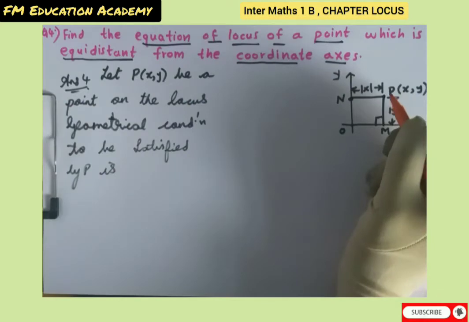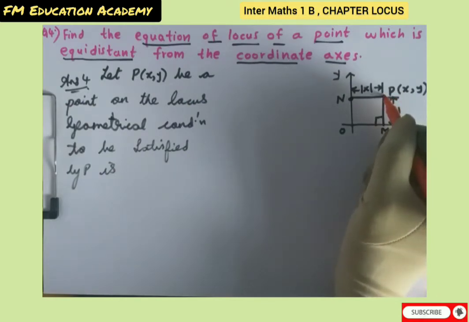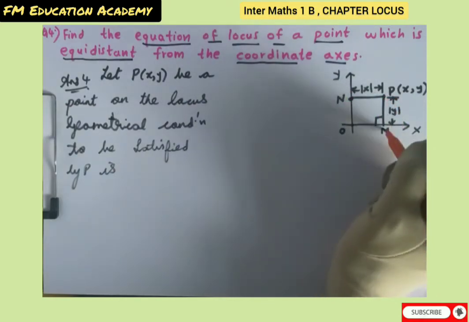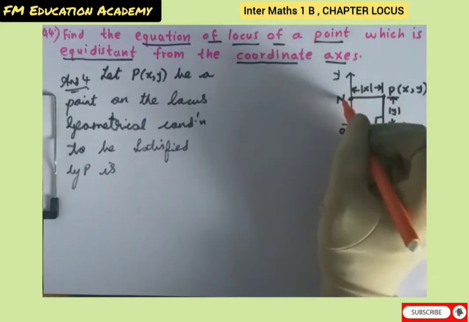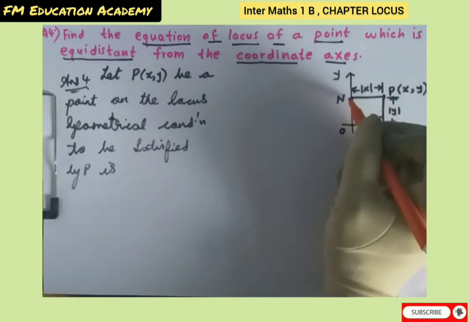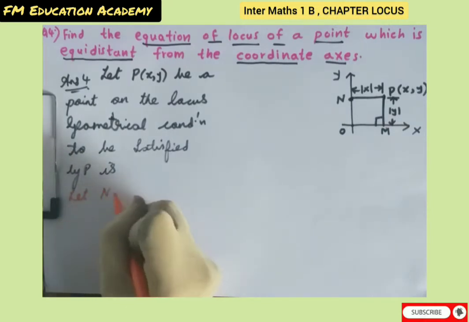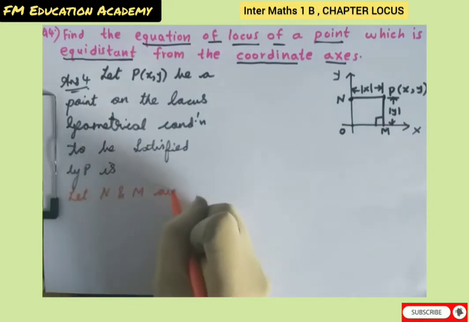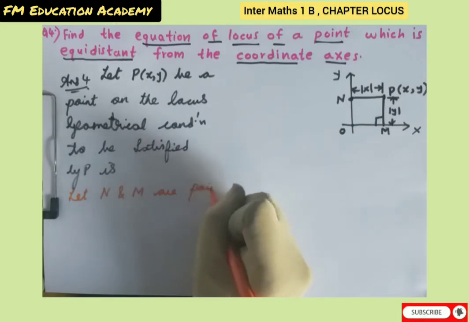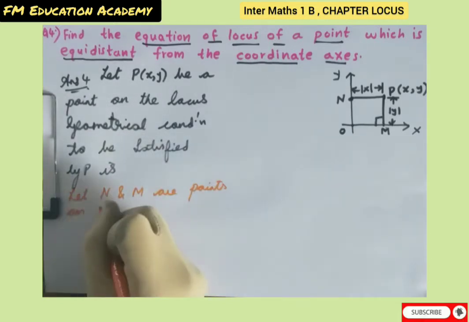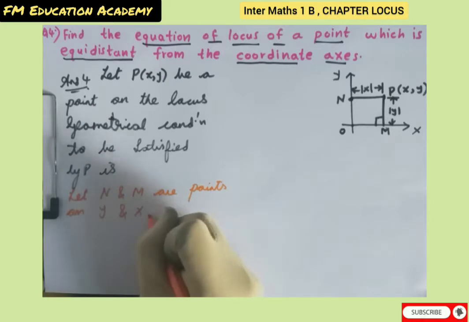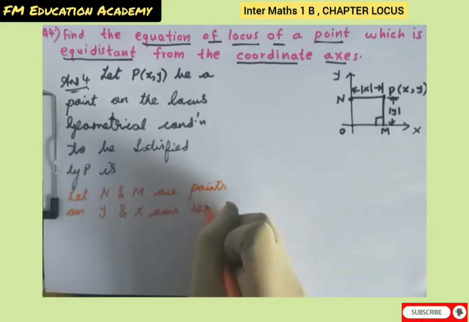The condition given to us is: distance from P to the y-axis is equal to distance from P to the x-axis. That is, PN is equal to PM. Let N and M be points on the y-axis and x-axis respectively.